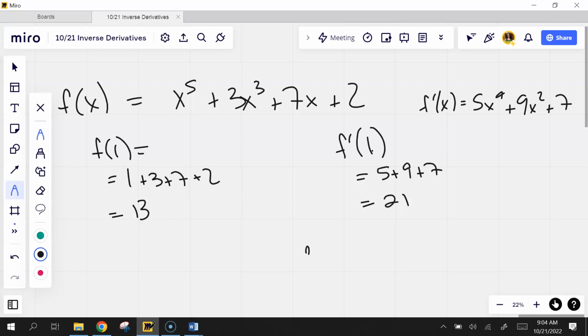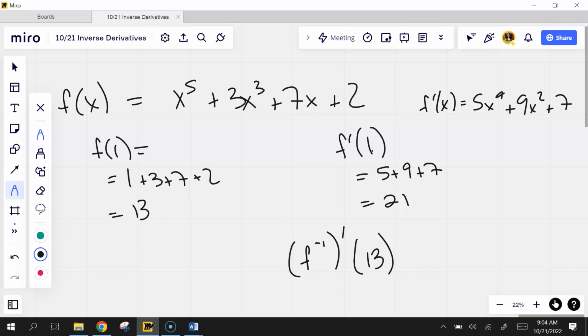So now what is the inverse's derivative at 13? Okay, so because I'm inverse, I'm switching x and y, right?